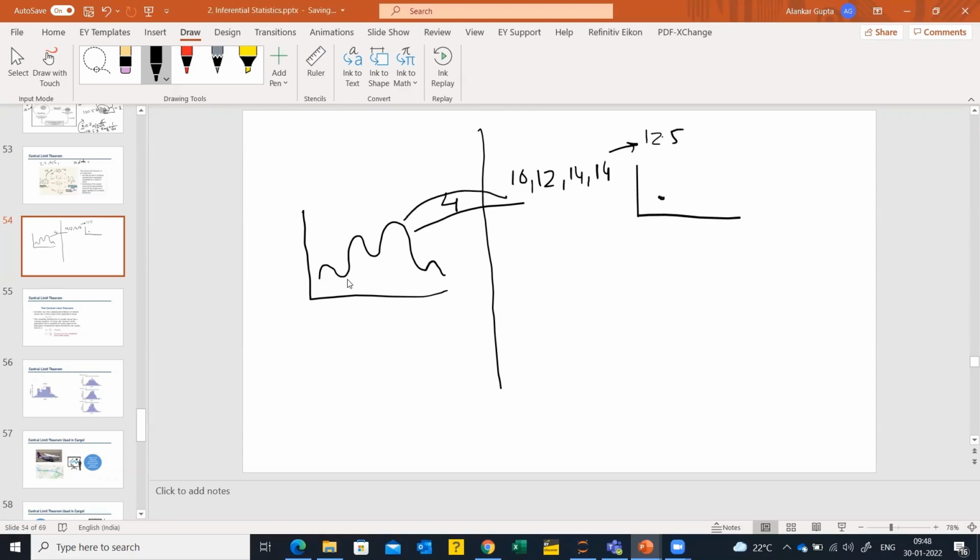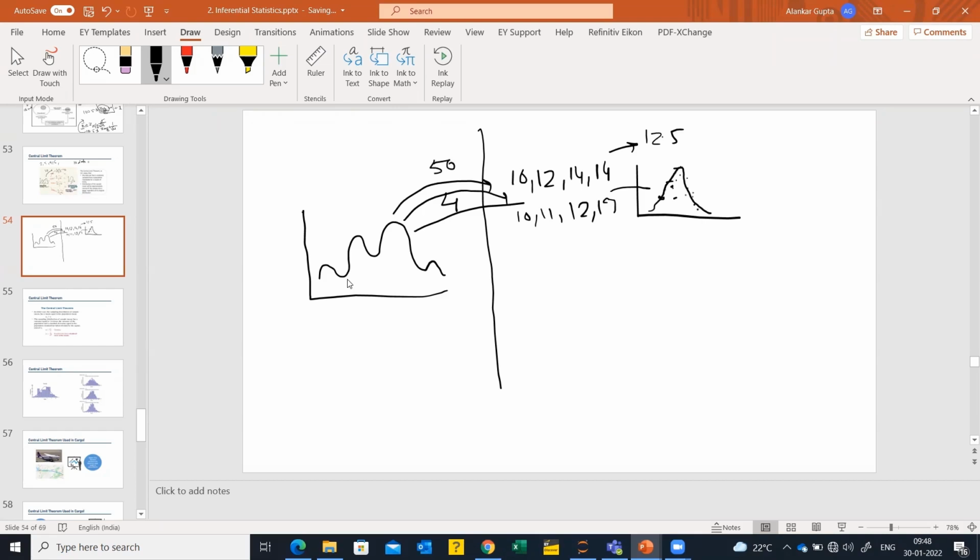Again, you draw 4 samples, and it comes to be, say, 10, 13, 12, 19. Whatever the mean is, you plot it again here. Likewise, you do this n number of times. Say, for example, you have done this 50 times. What you will see is that the data is normally distributed.